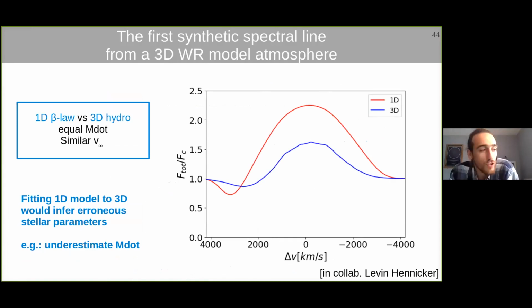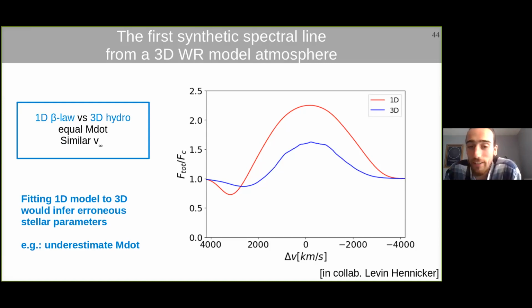So yeah, I think for sure that what we call the porosity effect is very important for this, right? Where your material is clumped together. Also, the 1D model here is computed from a beta law, and if you compare the beta law, for example, to one of these 1D hybrid opacity models, you already see that the 1D hybrid opacity model is just expanded differently than the 1D beta law.